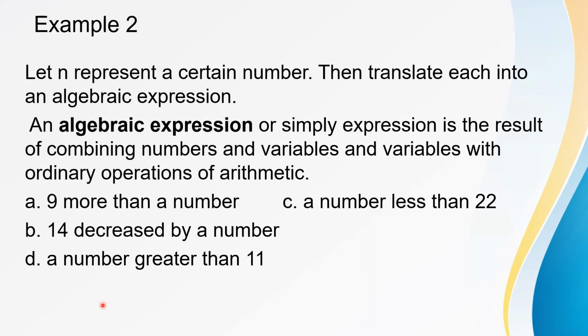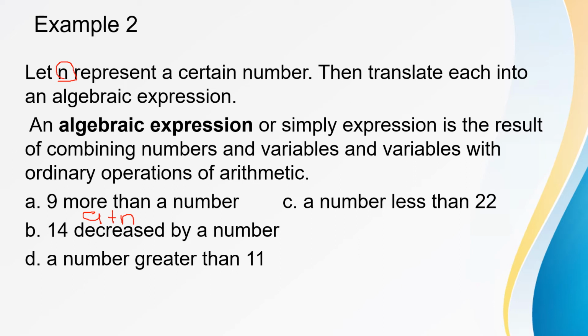So, for example, 9 more than a number. How are we going to represent that? So, we could write 9 plus n, since we use n to represent the certain number.